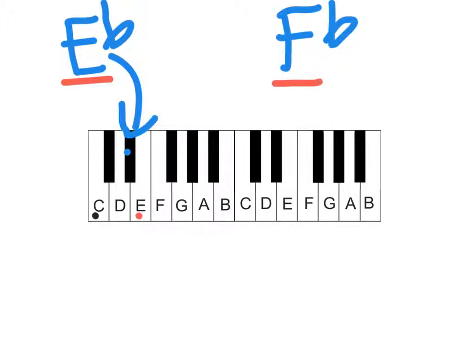If it weren't labeled, the first thing I would do is find C and then use my musical alphabet to find F. C, D, E, and then F. Now, the next step, remember, flat means go to the left one key, but whoops, there is no black key for my half step. So the next note down is right here. Notice that F flat is the exact same key as an E.